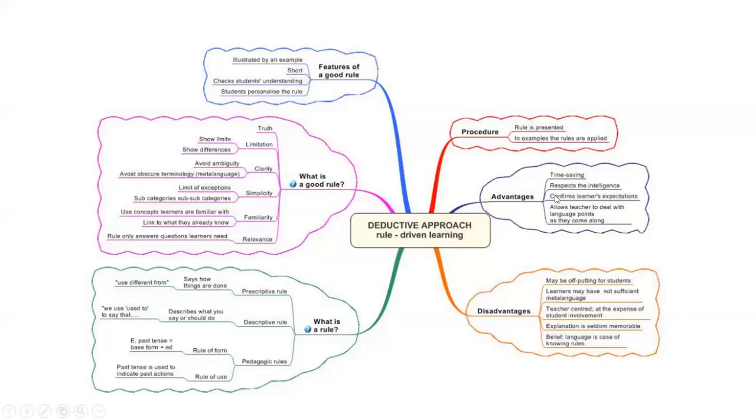Here: time saving, respects the intelligence of learners, confirms learners' experience or expectations, allows teacher to deal with language points as they come along. Okay, so basically, one of the advantages is it gets straight to the point and can therefore be time saving.